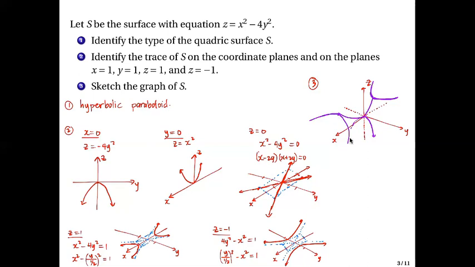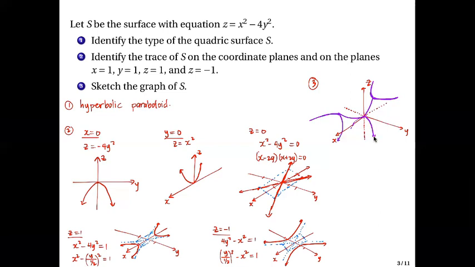I think let me adjust this part here. Okay. So here we have something like this. And then for this one here, this is z equals -1. This tip here, if we call it a tip, is below the xy plane. So this is -z.